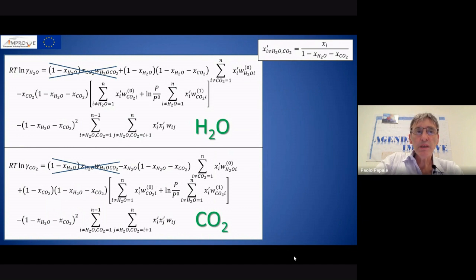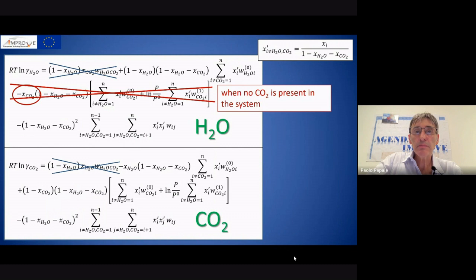Furthermore, we see in the expression of the activity of water that there is a term which is multiplied by the amount of dissolved carbon dioxide. Therefore, in problems where only water is present, that is, when computing water solubility, that term entirely disappears.